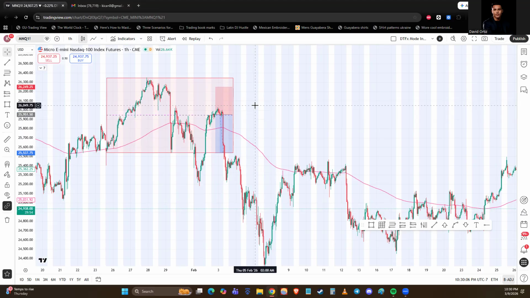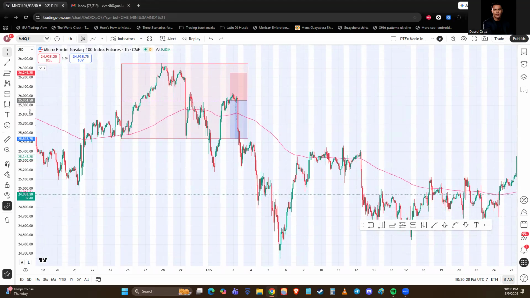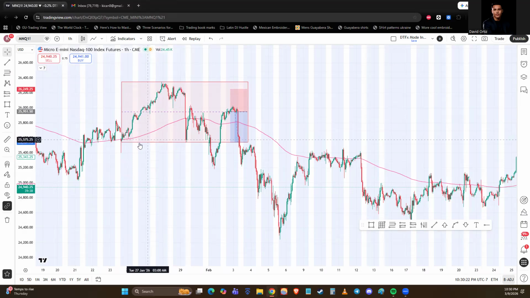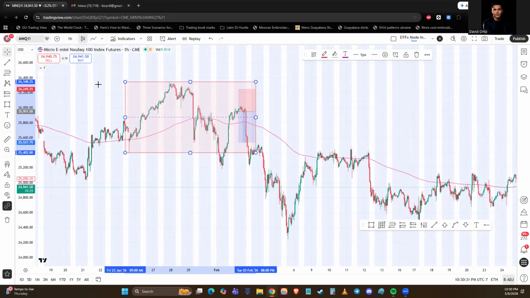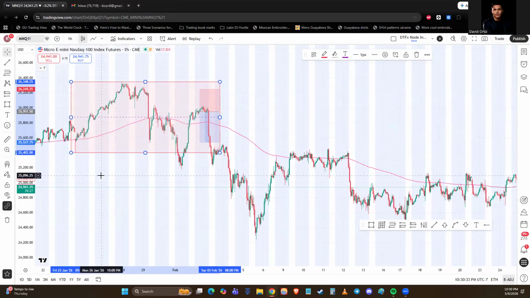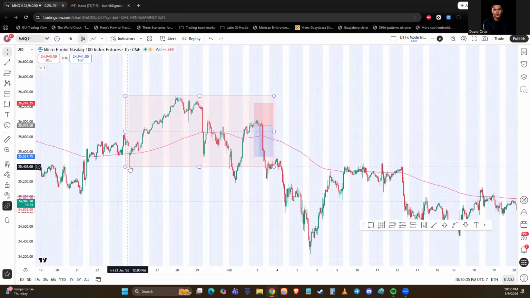What I'm showing you right now is just the basics of the strategy. So that's the swing point right here, and this is a 1 hour chart. The swing point is from the low of this wick to the high.